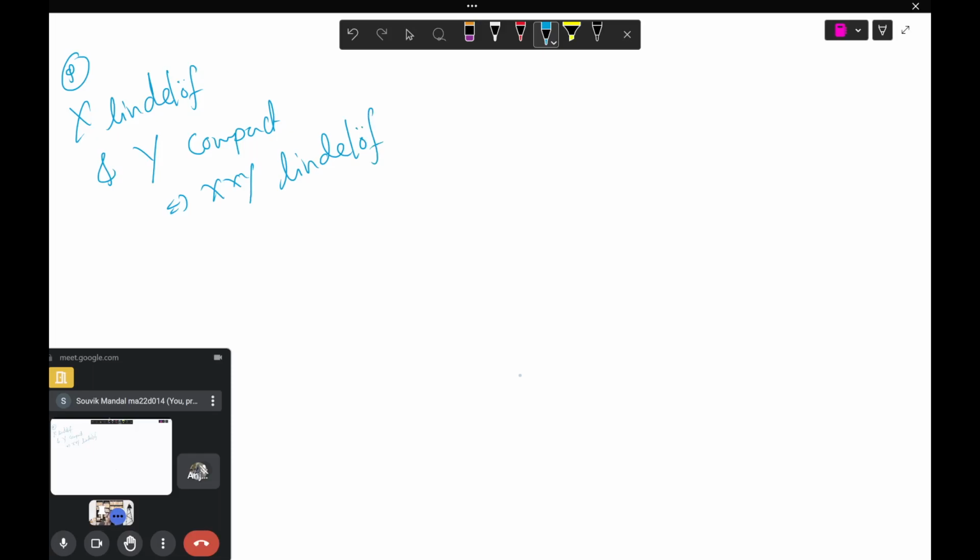One is Lindelof and the other compact; together this implies the product is Lindelof. Try to prove this. In order to prove this, you need to use the tube lemma. Try to think about it; you can take your time.